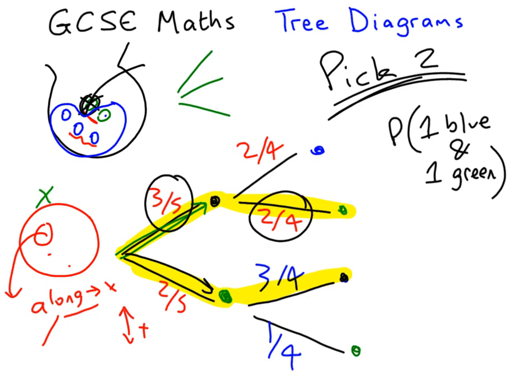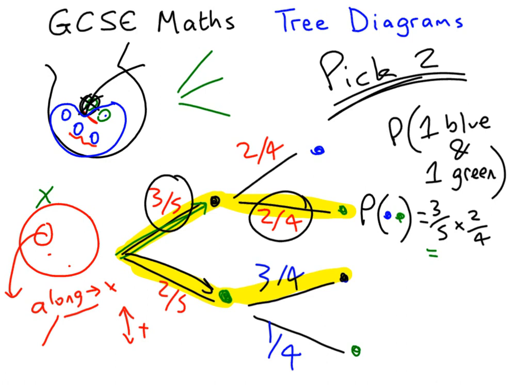Let's do a little probability thing. Blue and then green. How cool are pictures? Okay, blue and green: 3 over 5 times 2 over 4. You guys are good at timesing fractions by now. That's going to give you 6 over 20, aka 3 over 10. Is that right?